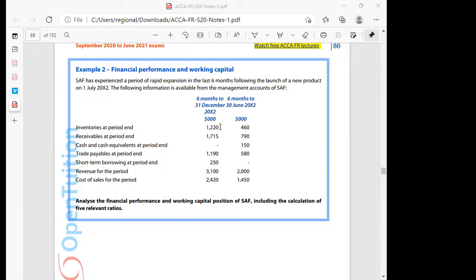Down here, you can see the cost of sales, times 182.5 for 6 months, which at the end of the day will give me 1220 divided by 2420 times 182.5, which will end up giving us 92 days.